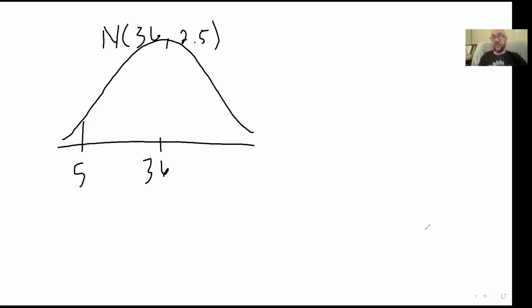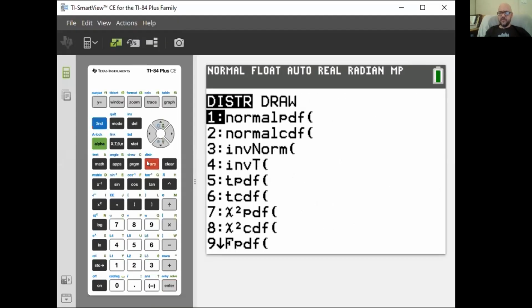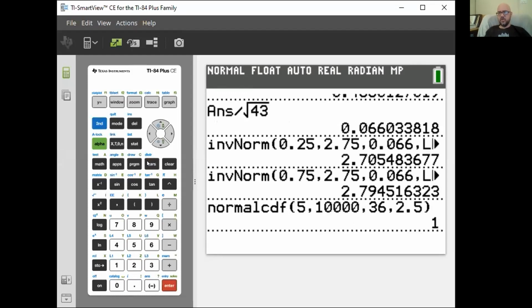It's actually much further away than that. It's basically 1. You would do normal CDF of 5 to infinity with a mean of 36 and a standard deviation of 2.5. I may as well do that, since we are here, right? We're here to practice. So normal CDF, lower bound is 5, upper bound is a lot, mean is 36, standard deviation is 2.5. Paste. Lo and behold, it's 1.